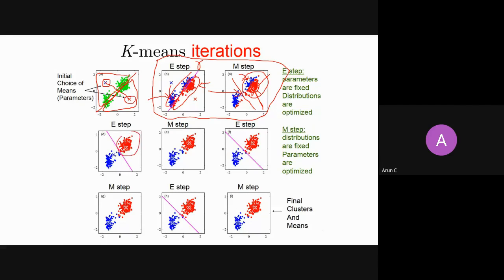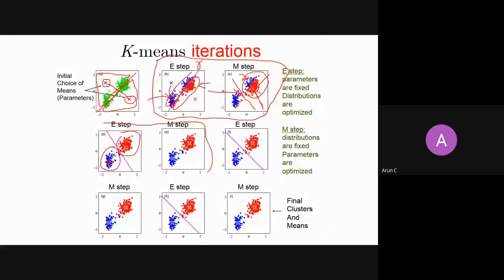Again, we recalculate the mean, and it will shift more into the center. So the second iteration is done for R and mu.